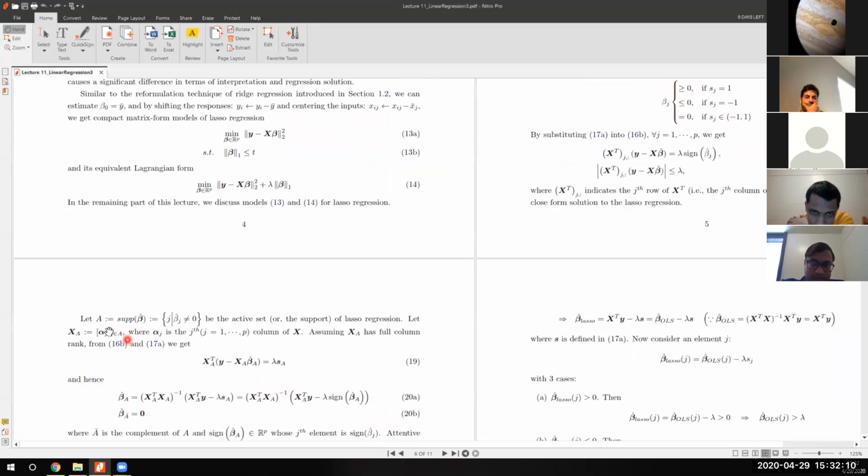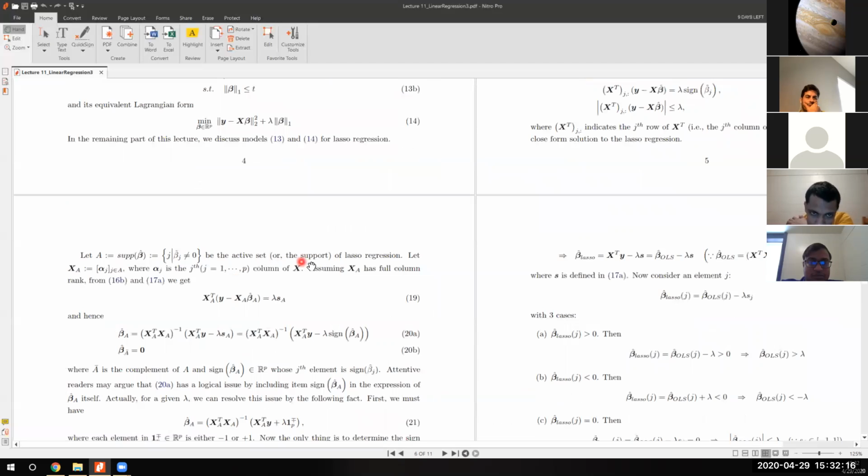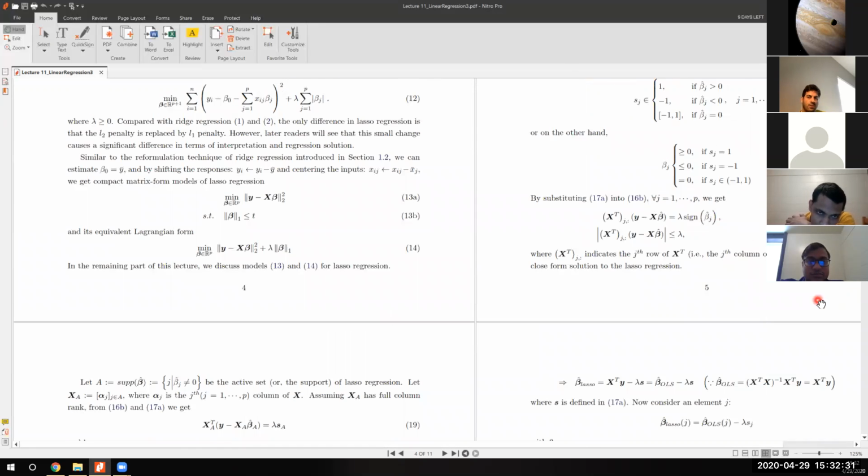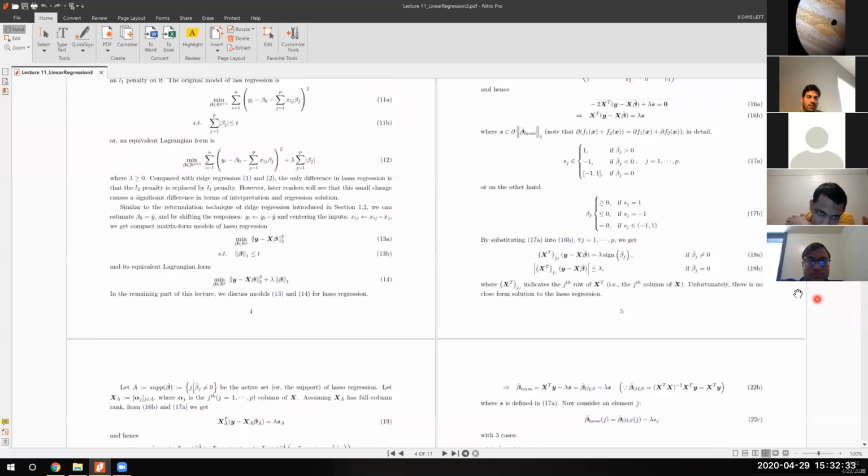For my personal notation, I want to call it support, so I use S, whatever. And then let this A be the active set of Lasso regression. In other words, if the index j is in A, then beta j is not equal to 0. If j is not in A, then beta j is 0. So why do I want to discuss these two cases, beta j equal to 0 or not equal to 0? Because of this.